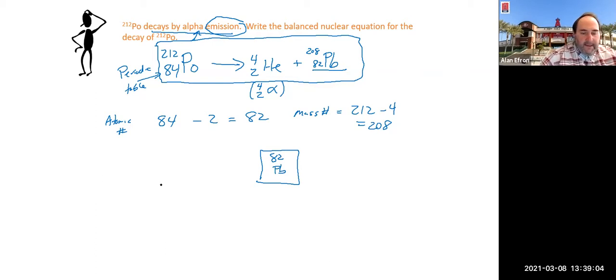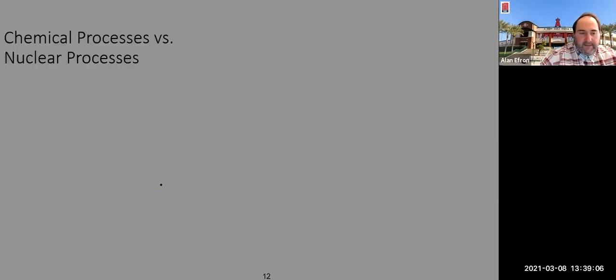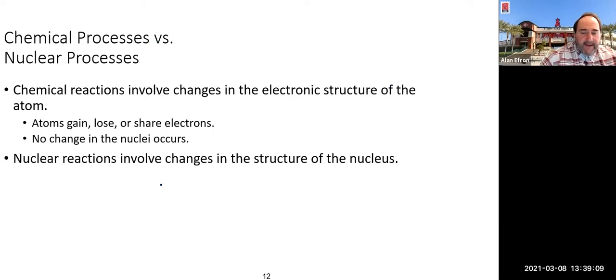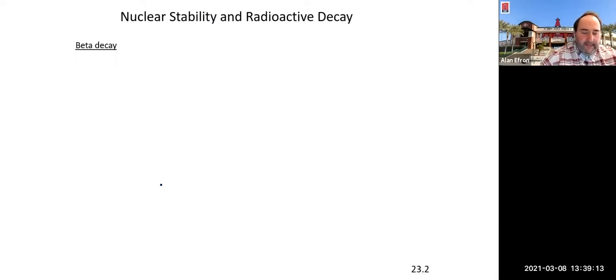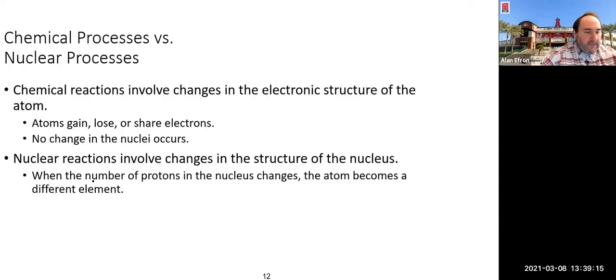Okay, then just a little bit on the differences between a chemical and nuclear process, some of which I've touched upon. Just to remind you, in a chemical reaction, it's really all about electrons.